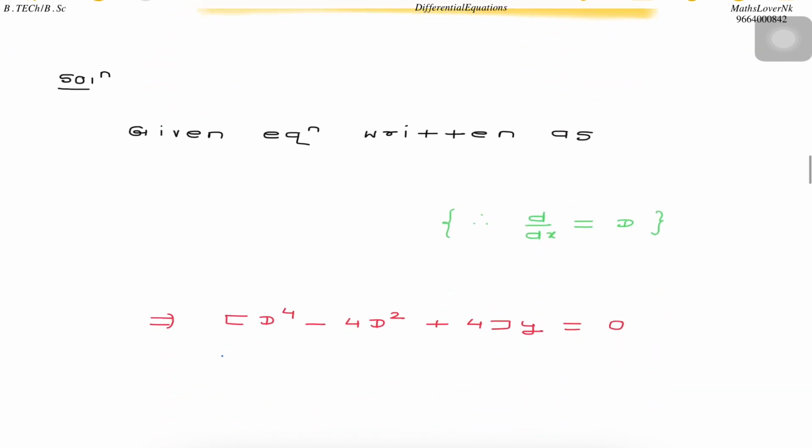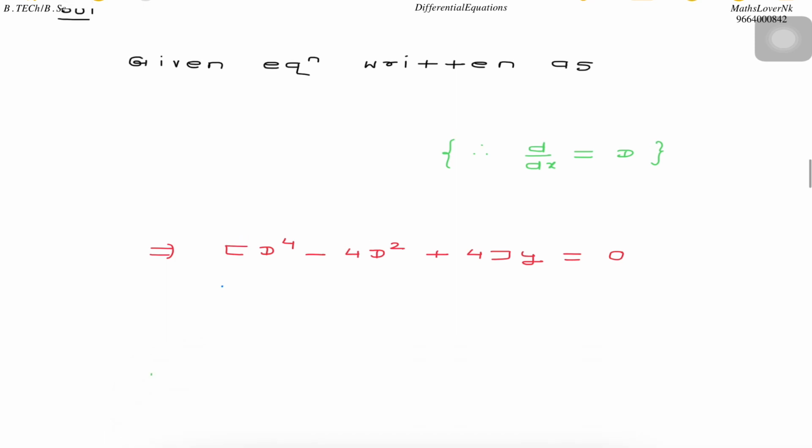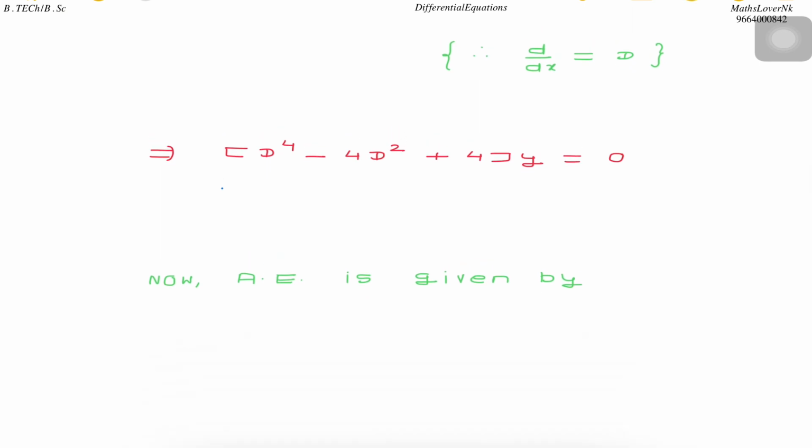Now the auxiliary equation, in short form AE, is given by: for finding the auxiliary equation we put capital D equal to m, then we get m⁴ minus 4m² plus 4 equal to 0.